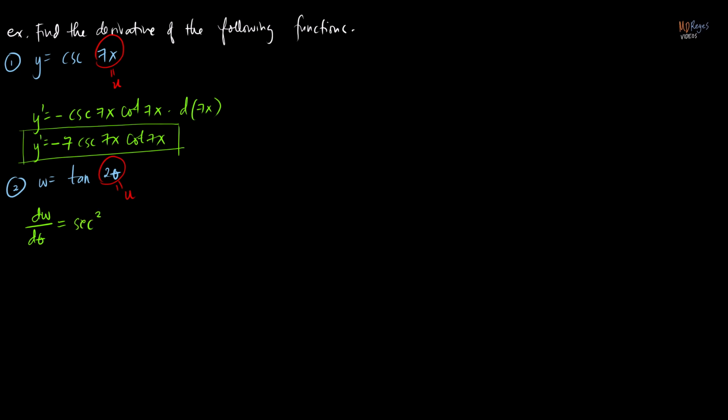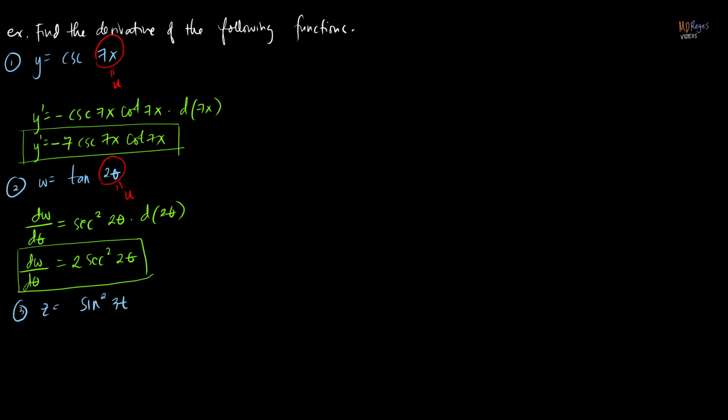I hope you have your copies of the formulas. Remember, we are differentiating with respect to theta. And the derivative of 2 theta with respect to theta is 2. So that's 2 secant squared 2 theta. This is the derivative of w with respect to theta.